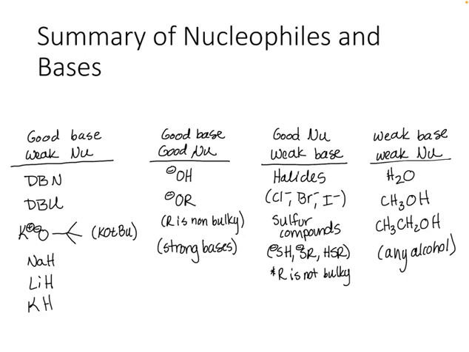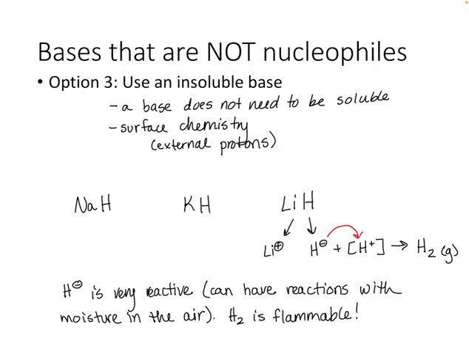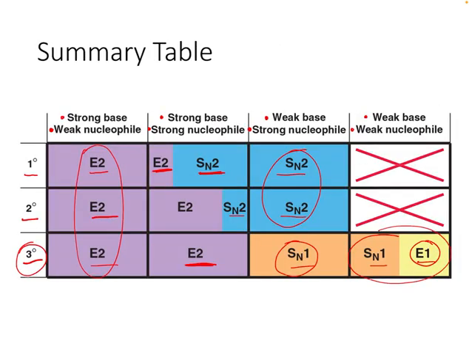So I think we'll stop here. Again, I recommend making some flashcards for these different categories just so you can remember which is which. You can also relate this back to the summary chart that we saw on the first page. If we go back, remember that strong bases and weak nucleophiles favor E2.